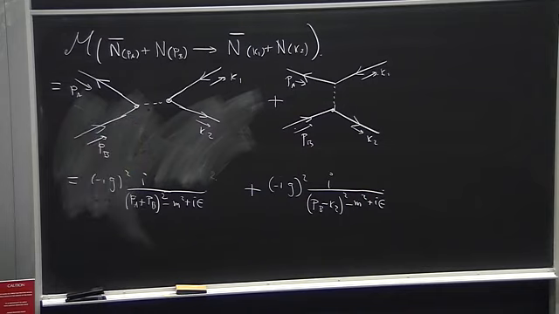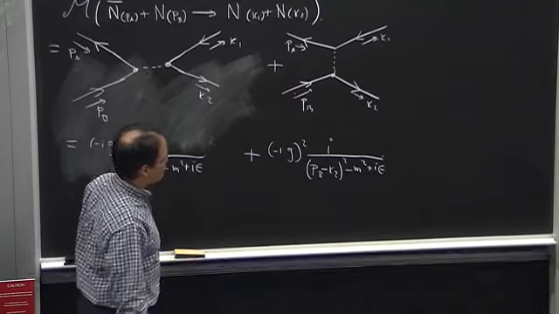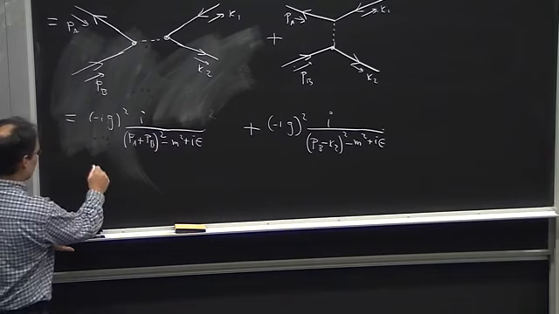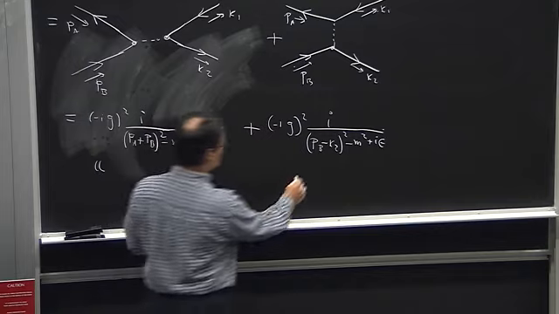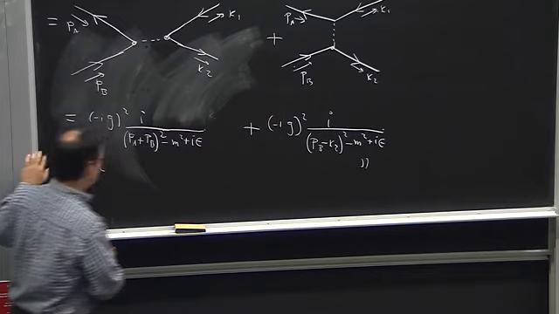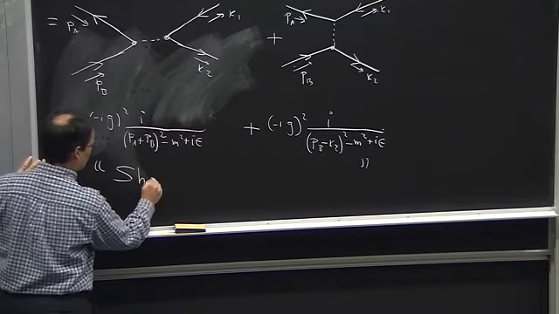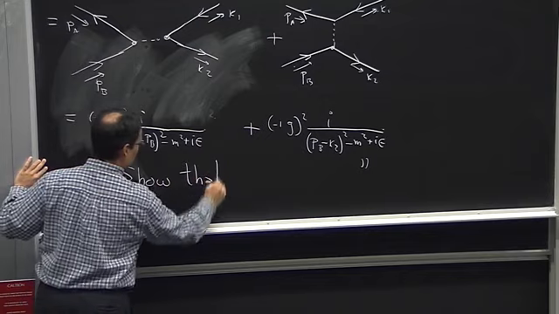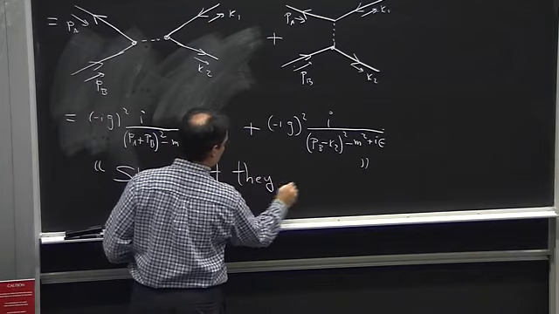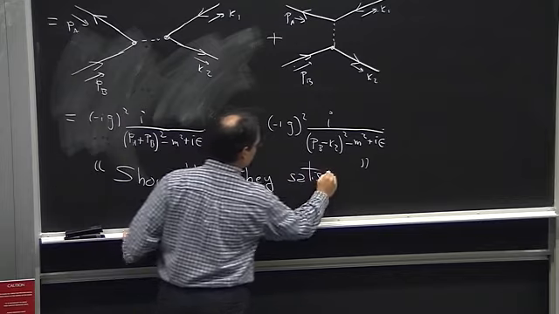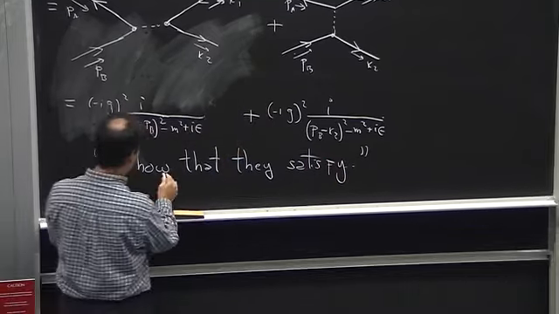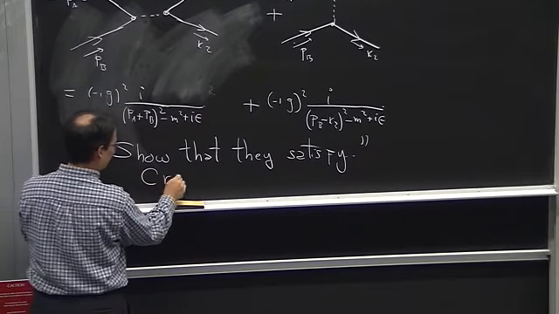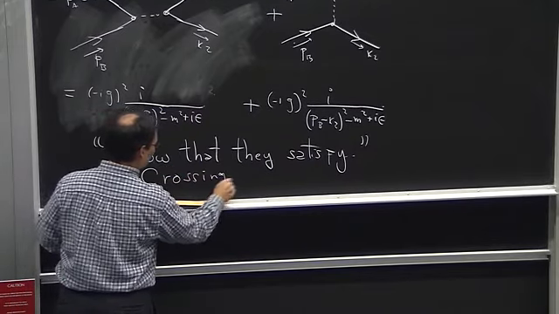So we have these two objects. And here is something, one of these quotation mark problems, which is show that they satisfy, yes, you guessed it correct, crossing symmetry.